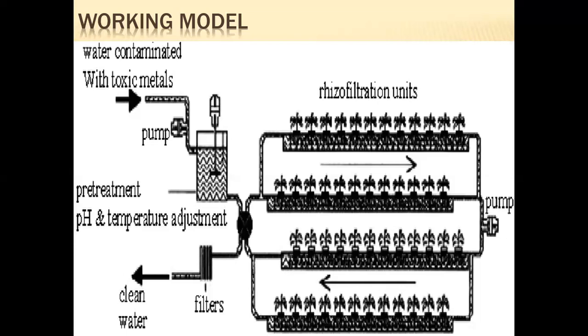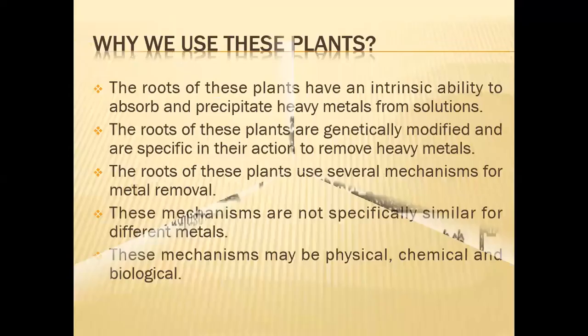At the end, all the toxic metals are removed and are present in the filters. At the end, if any species are left, they are removed by using the filters and clean water is released. Moving to the next slide.